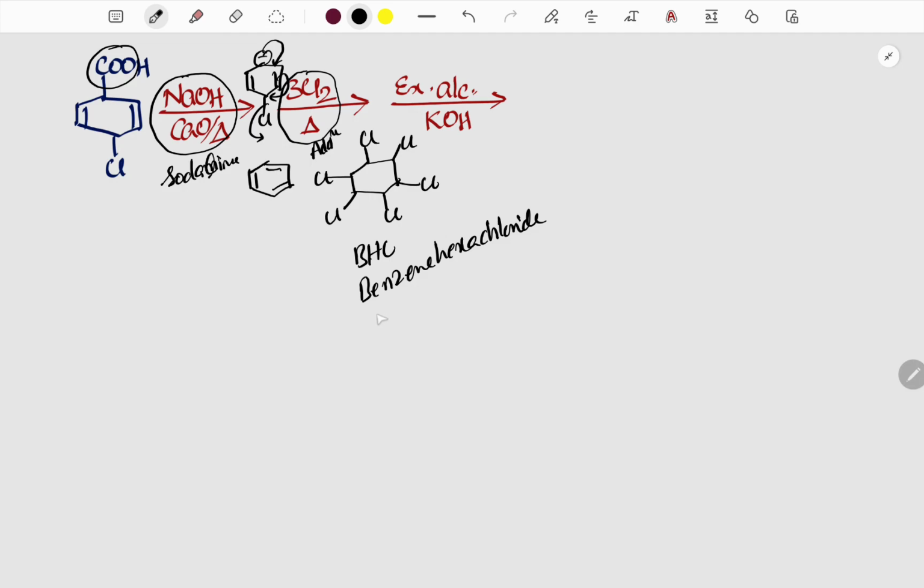BHC, gammaxane and lindane. Now it is treated with alcoholic KOH. Alcoholic KOH is a base. So with alkyl chloride, alcoholic KOH always gives elimination, and it follows the E2 mechanism. So alpha, beta, remove the HCl here.